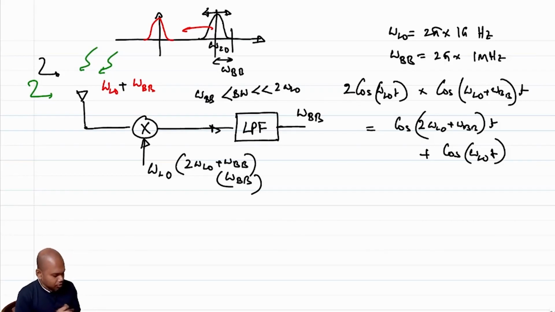Okay. So now here I would like to make a distinction between a band and a channel, because we are going to use these terms quite often. Let me just make a distinction between what I mean by a channel and a band.